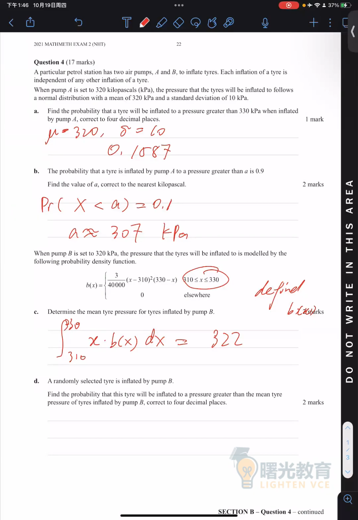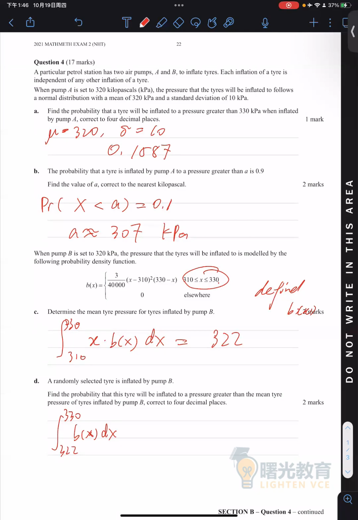Now, we are looking for the probability, so we just do the definite integral over the PDF. But what is the bound? Look, we are doing the question between, right? More than the mean, but less than what? Less than the upper bound, 330.